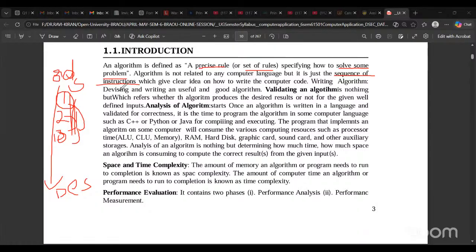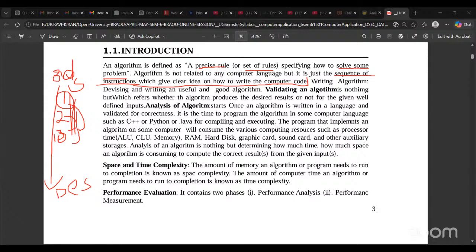Okay. So instructions give a clear idea on how to write computer code. Here the algorithm's role is what? The algorithm's job is to define, with some set of rules, those rules that are called a set of instructions, which are given to the computer with the support of a programming language.